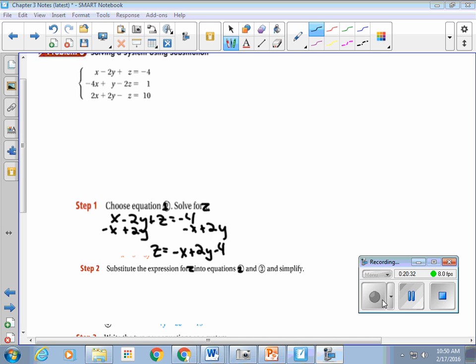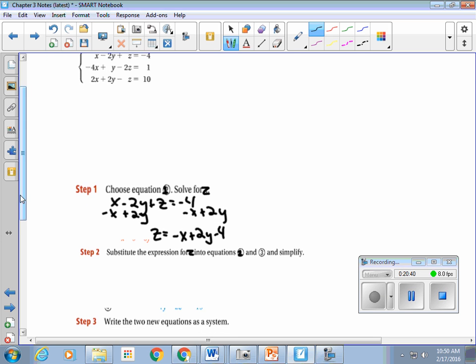Step 2, substitute z into the second and third equations. So my second equation is negative 4x plus y minus 2, and instead of putting z, I'm going to put in negative x plus 2y minus 4 equals 1.